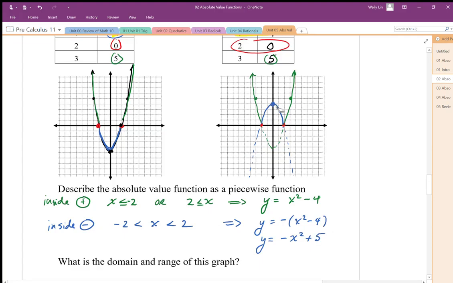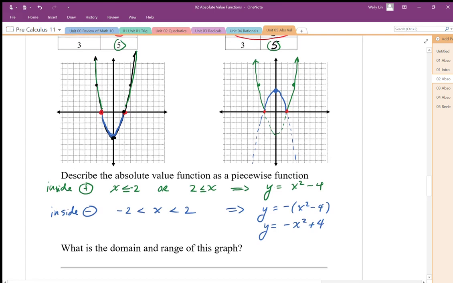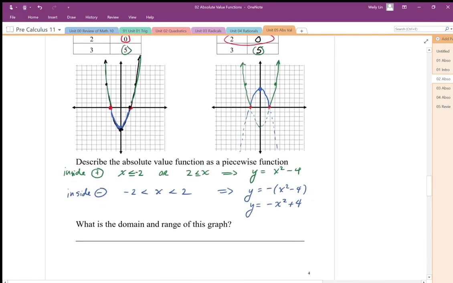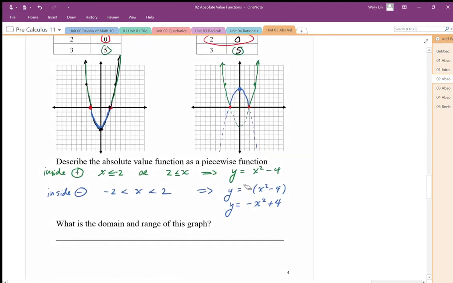It's an upside down parabola. Algebraically it works out, on the graph it's consistent. Everything is consistent with what we know, and it explains what the absolute value is doing. It's changing negatives inside to positives, with that opposite sign.